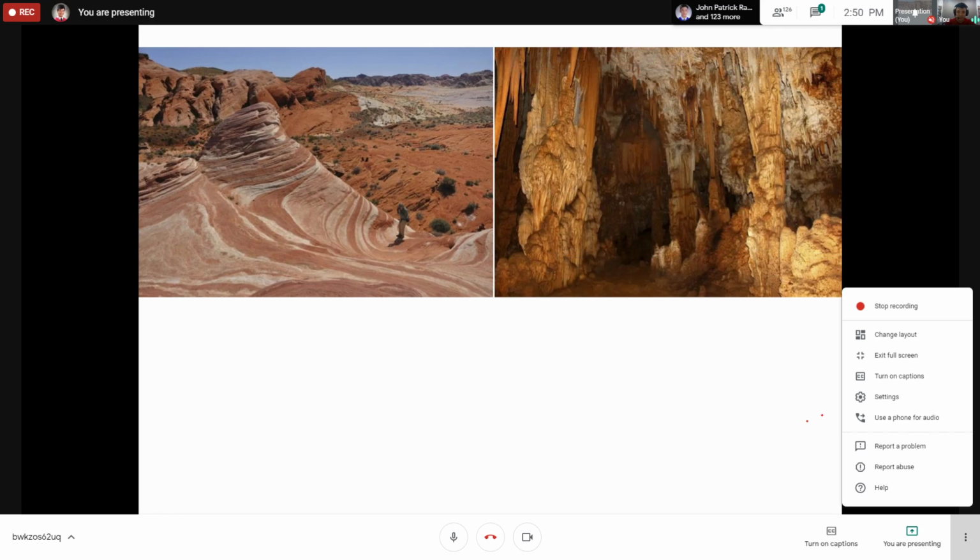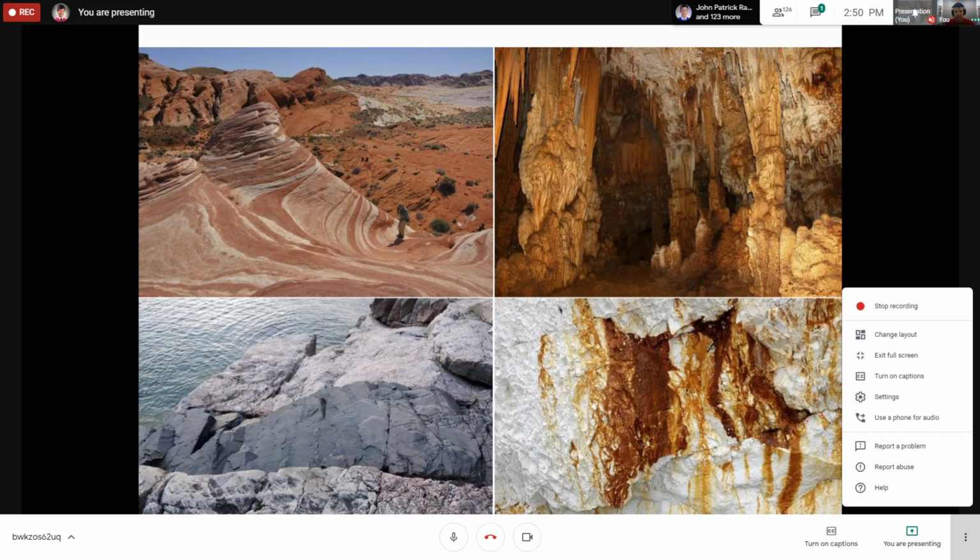Okay, so these are examples of chemical weathering. So there are examples nga kaning first picture kani siya.